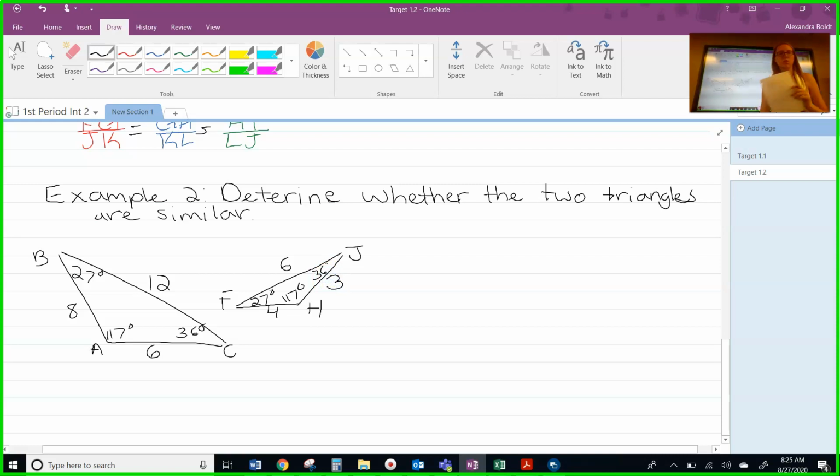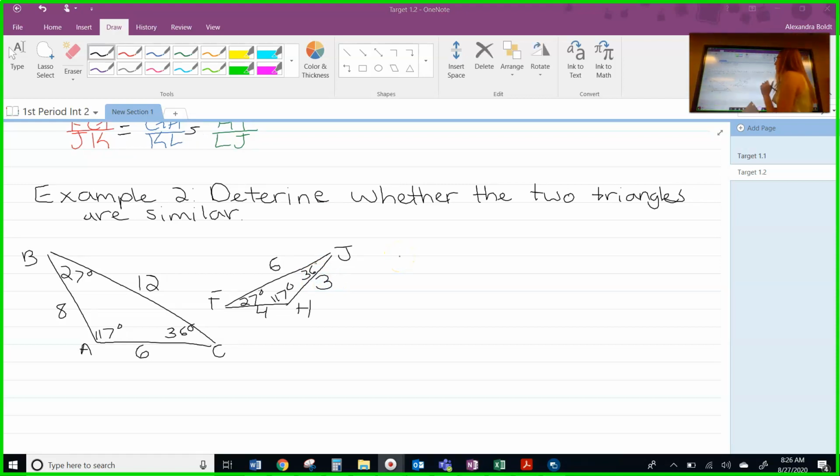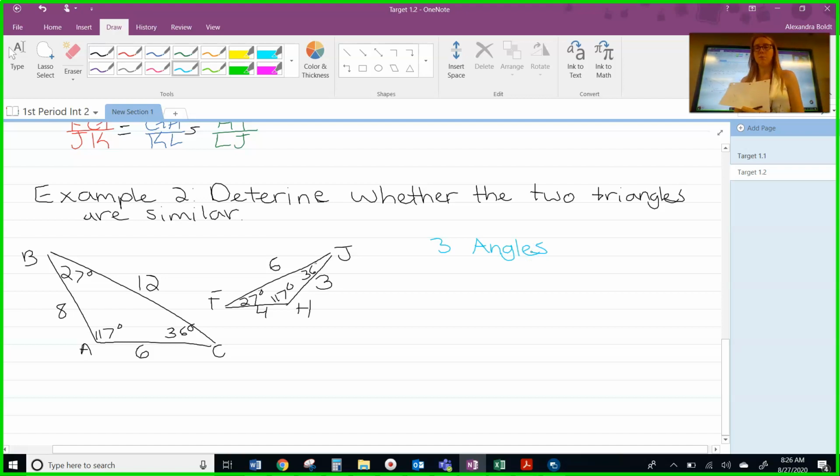Okay, so when we're determining triangles are similar, the first thing we have to do is our 3 angles. So I need to show that the 3 angles are congruent, because a triangle has 3 angles. If it's any other figure, it's however many angles there are.